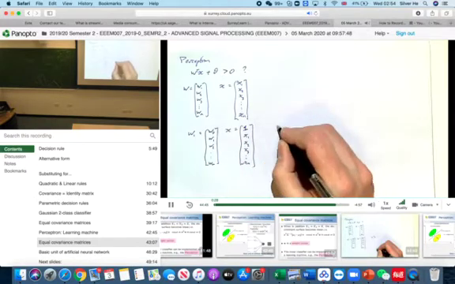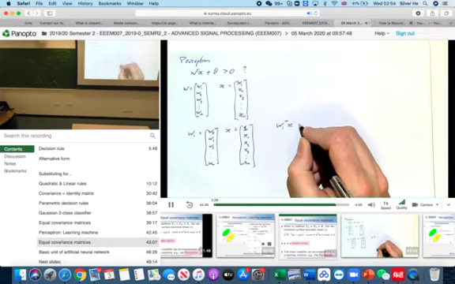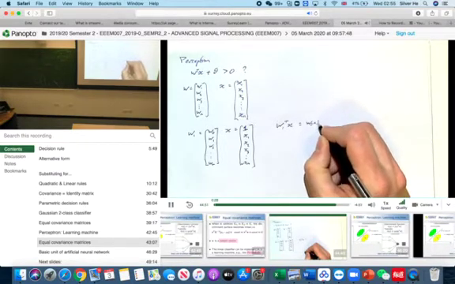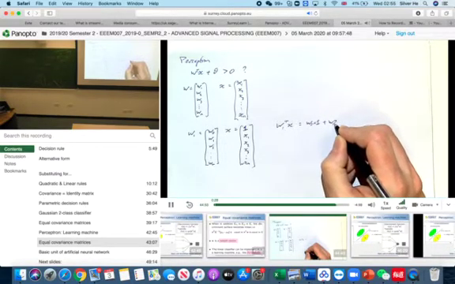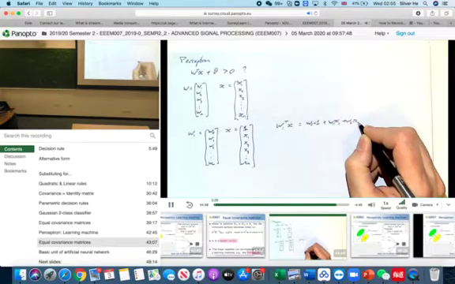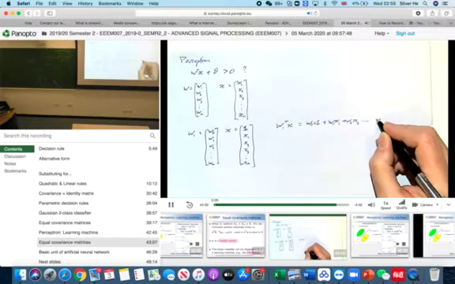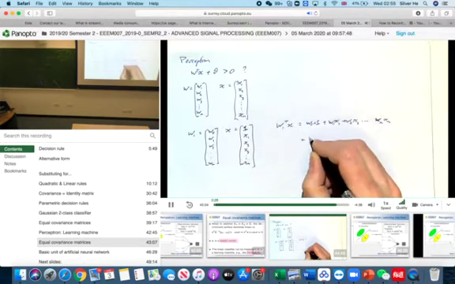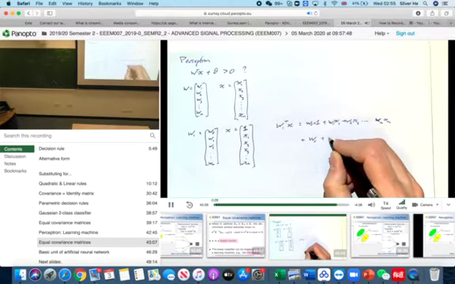If we calculate W1 transpose X, that's equal to W0 times 1 plus W1 x1 plus W2 x2 up to Wn xn, which is W0 plus our original W transpose x.